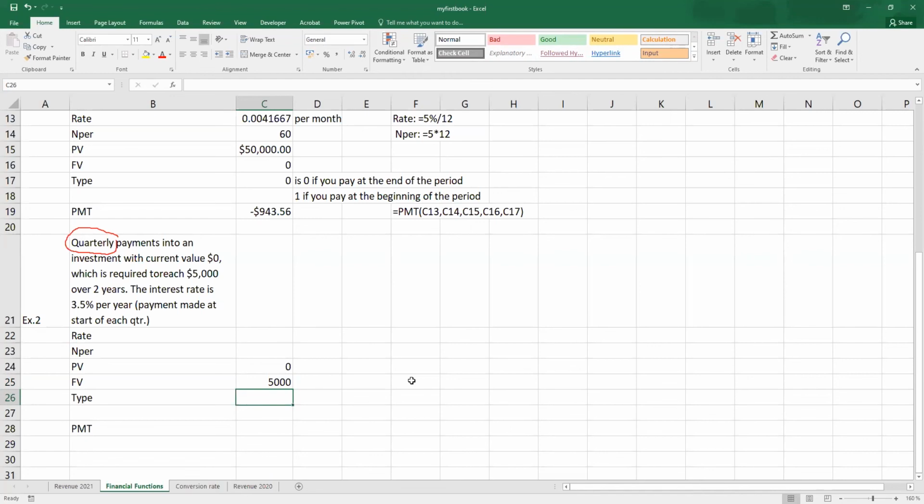If you need a dollar sign, you have to use Format Cells to format the cell to have the dollar sign. Otherwise, if you type dollar sign 5,000, it will become text, a non-calculable cell immediately, and all the calculation will be wrong.